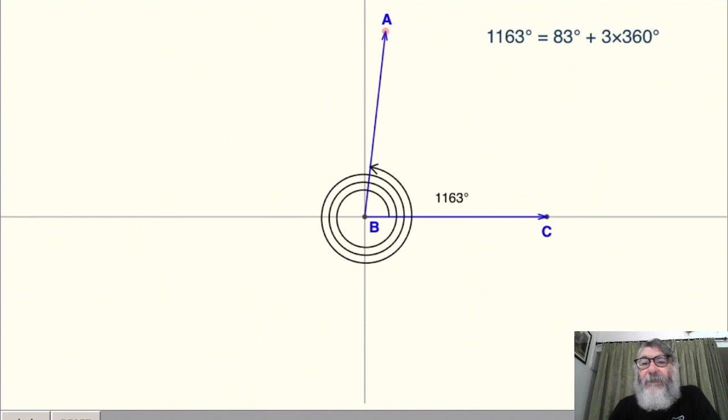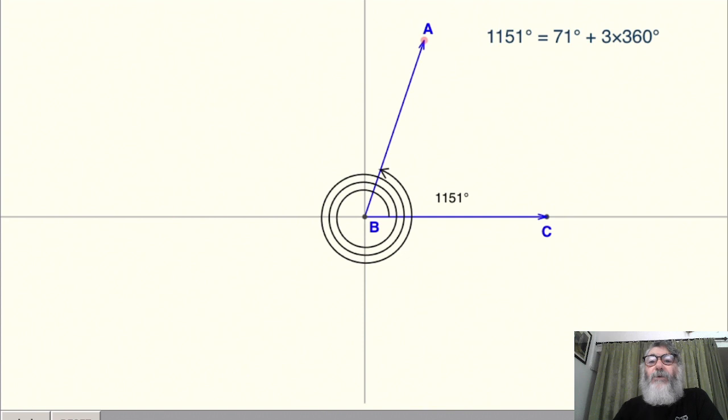Suppose this angle is there, 1163. Any trigonometric ratios corresponding to the value 1163 will be positive, whether it is sine 1163, cos 1163, tan 1163, cot 1163, or sec 1163, or even if the value is 1151.